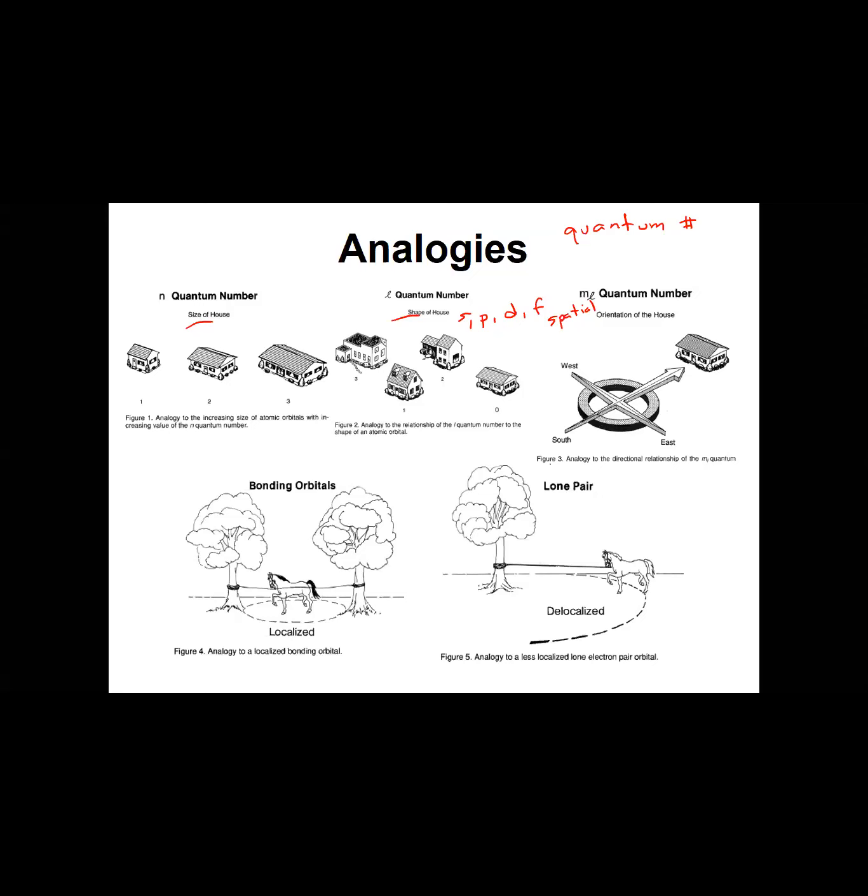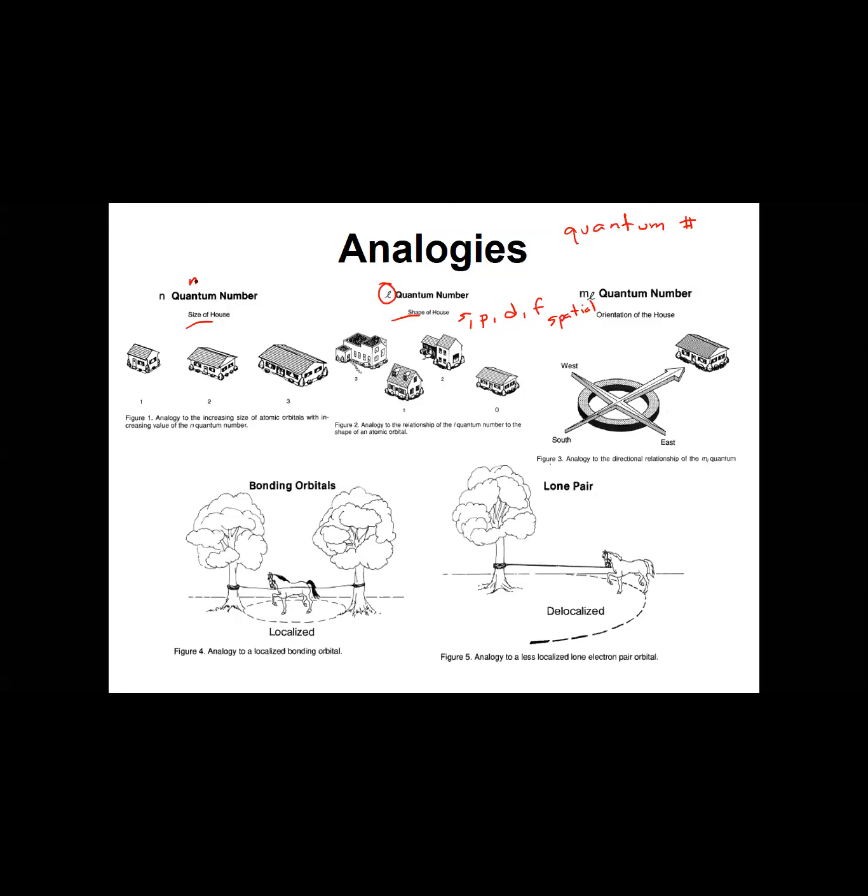Okay? And one student explained that to me: s is spherical, p is peanut, d is double peanut, and f is flowers. Because if you look at the shape, those are the best descriptions that my students gave me one time. m sub l has something to do with the orientation, and the value of m sub l depends on l.